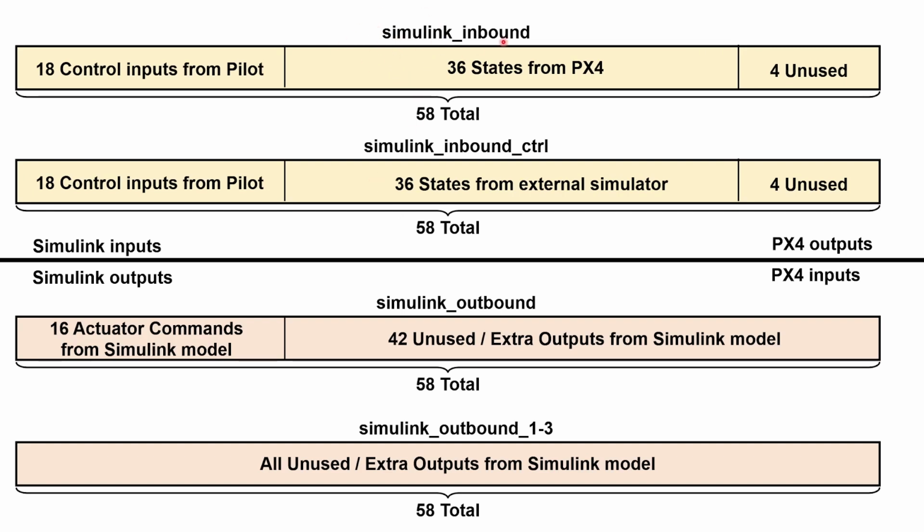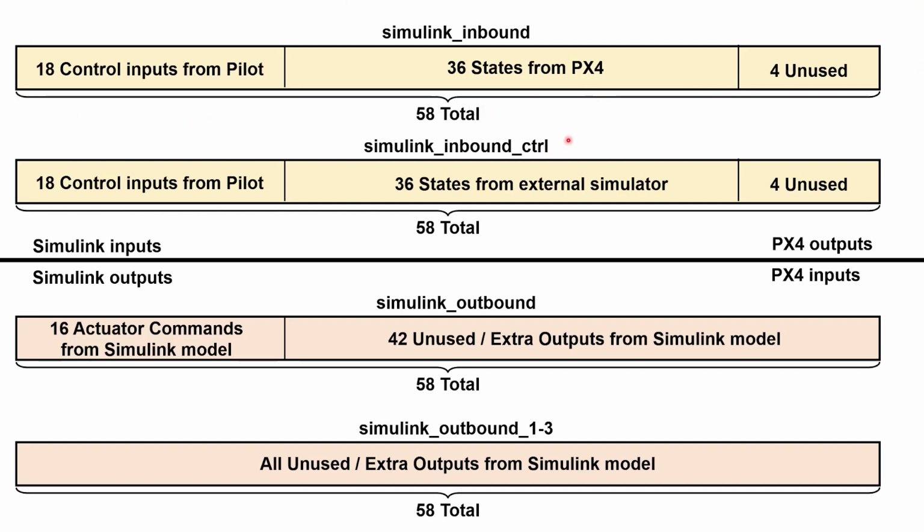It's the same Simulink inbound, but this is for control applications when we're trying to do hardware in the loop stuff, and we want to generate all of the states and control inputs in replacement of those generated by the PX4.